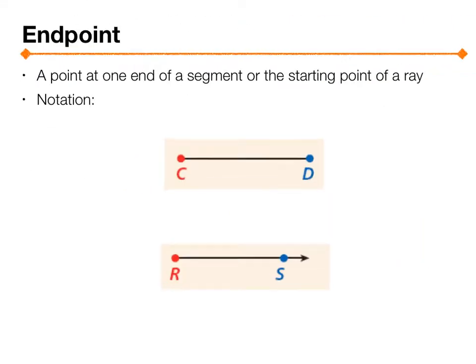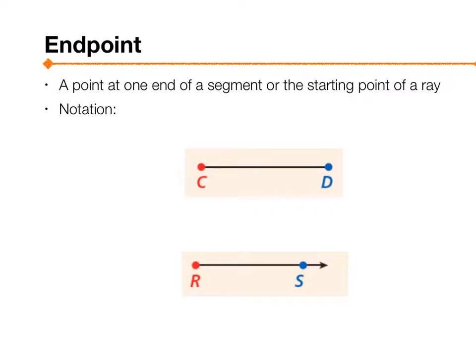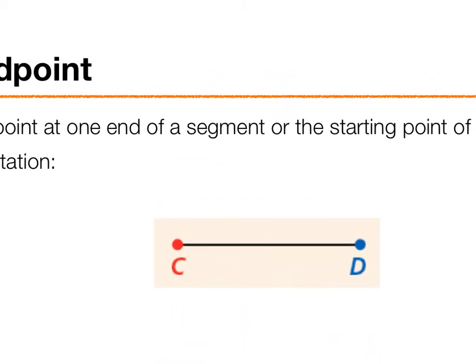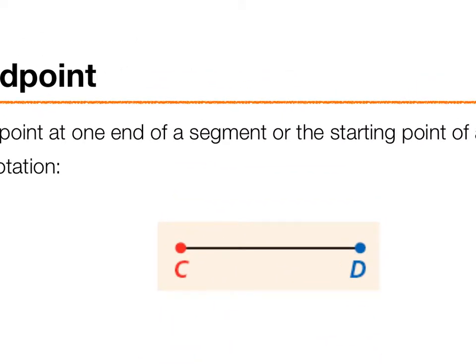The endpoint is a point at one end of a segment or the starting point of a ray. So we haven't gotten to rays yet, so let's just look at the top one. This, we know it's called segment CD.